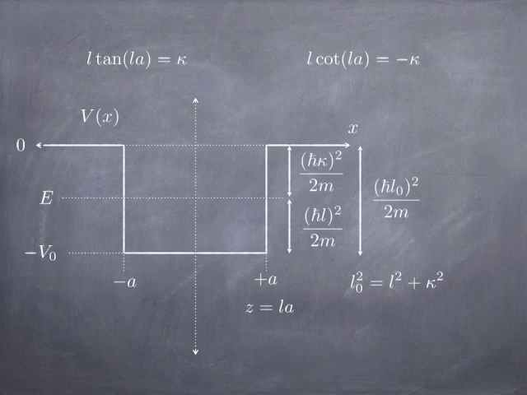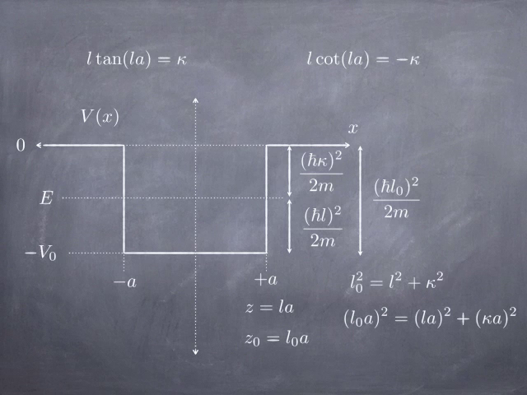Griffiths defines z to be little l times a, and he defines z naught to be L0 times a. If I multiply that Pythagorean type equation by a squared, I get a new Pythagorean type equation, except that the first term there is going to be z0 squared, the second term is z squared, and we're going to leave the last term alone.